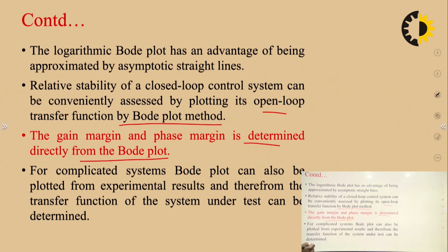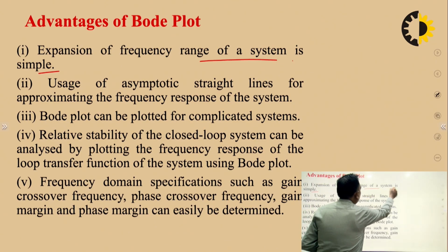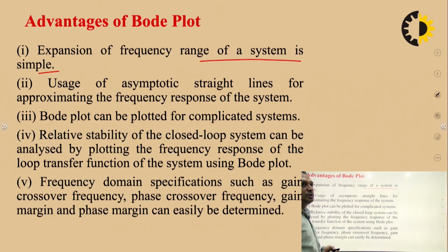For a complicated system, Bode plot can also be plotted from experimental results, and therefrom the transfer function of the system under test can be determined. So this is another benefit with the Bode plot. These are the advantages. Expansion of frequency range of a system is simple, as we are taking log values of omega, so we can expand it to a large extent.